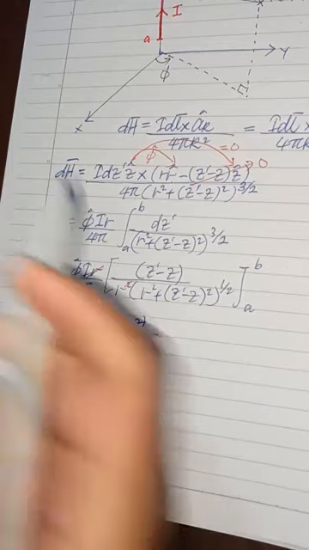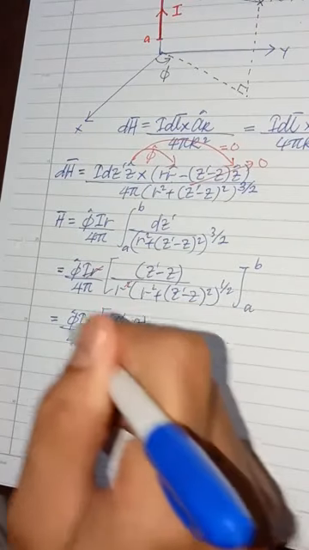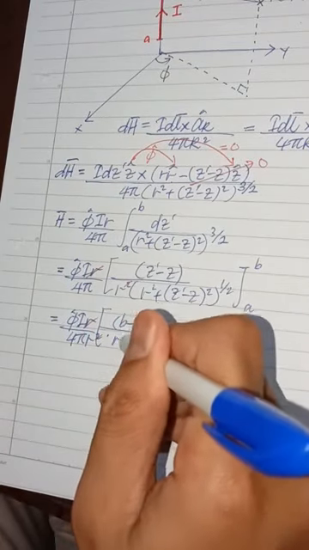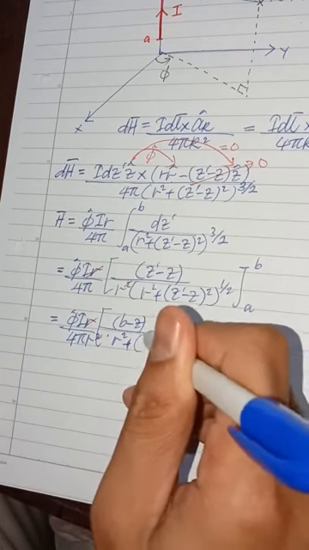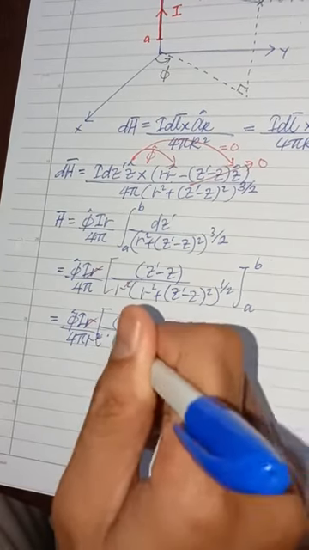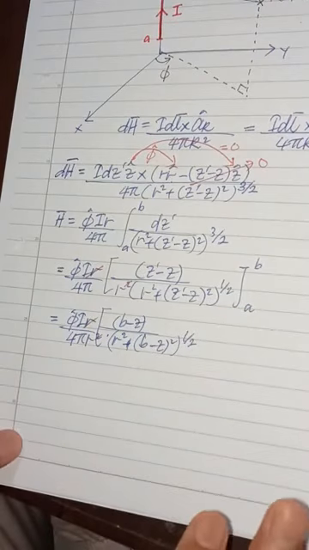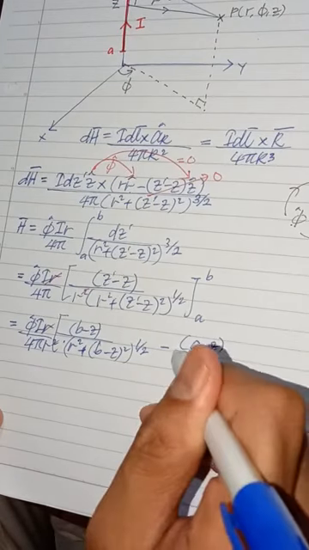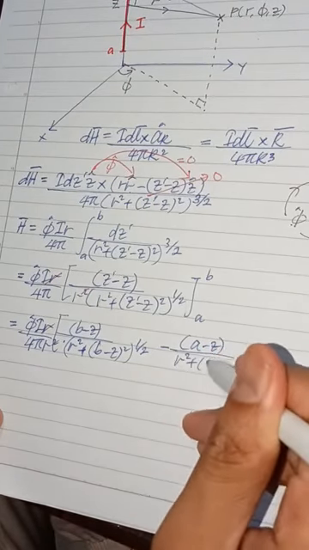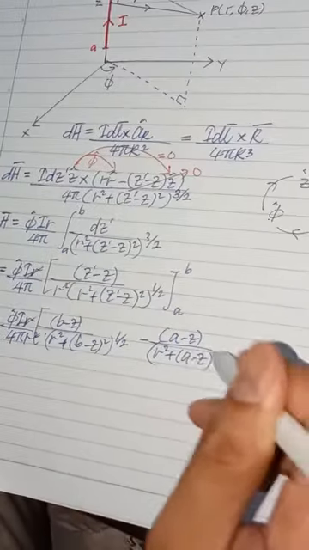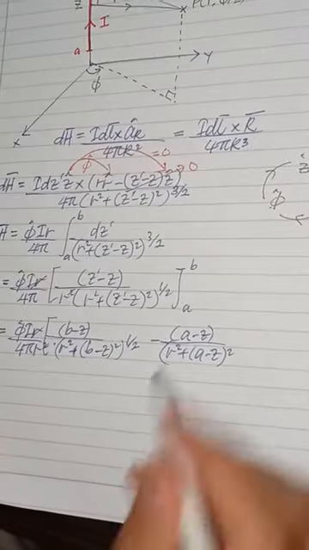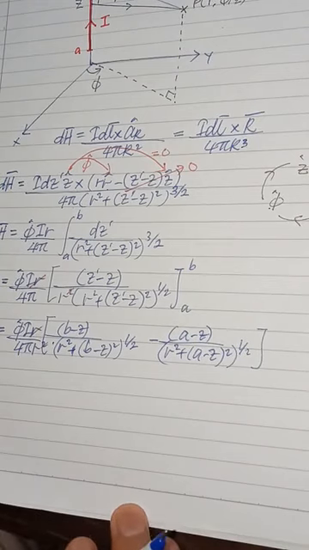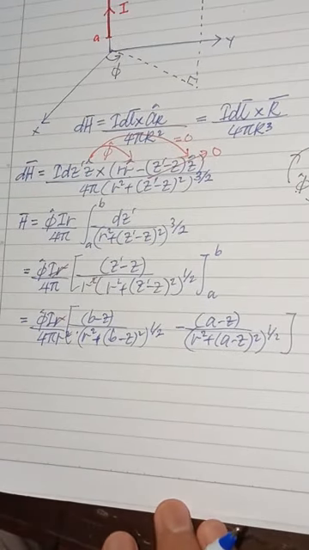So the r here got r squared, so here we lost the r, and here we have the r squared plus B minus z squared to the power 1 over 2, and then A minus z over r squared plus A minus z squared to the power 1 over 2. So that's our substitutions of A and B inside the equations.